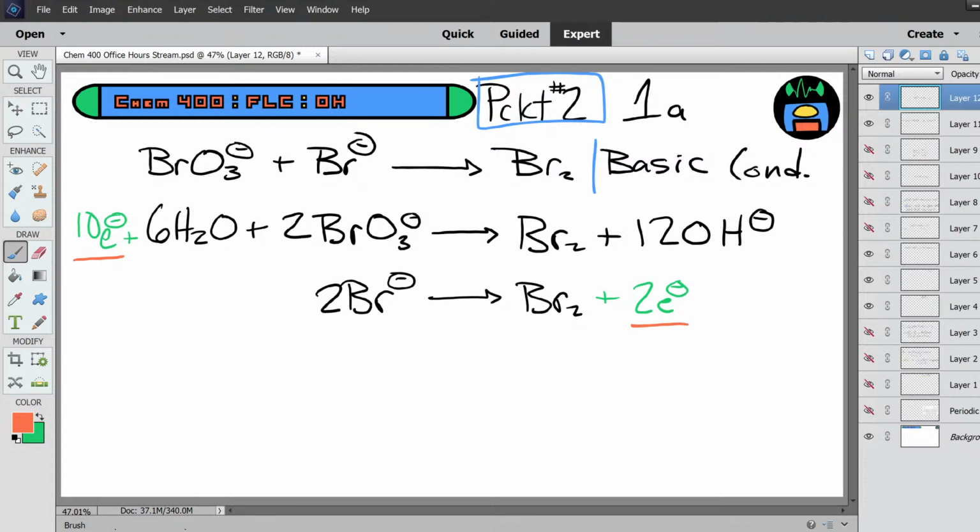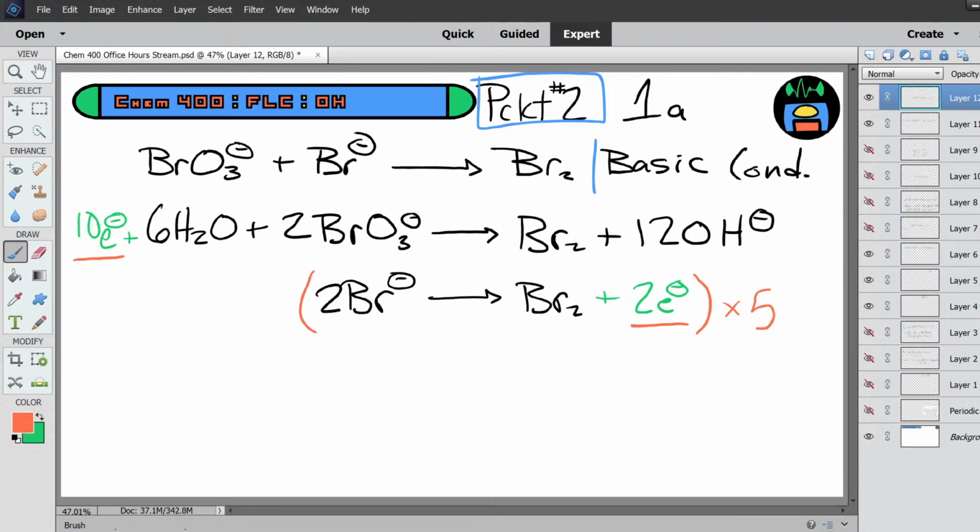All right, so to do that, we need to multiply our entire bromide half reaction by 5.